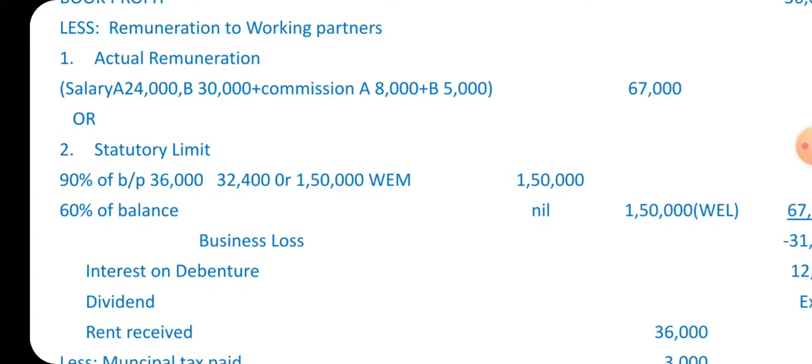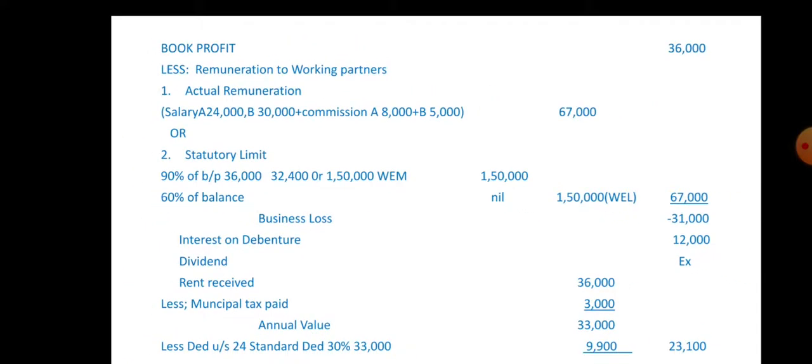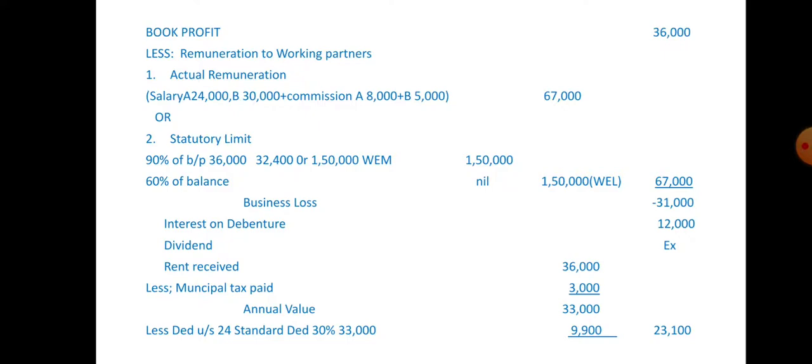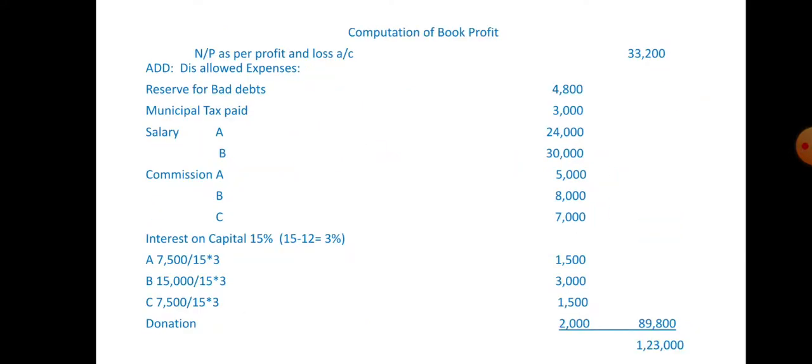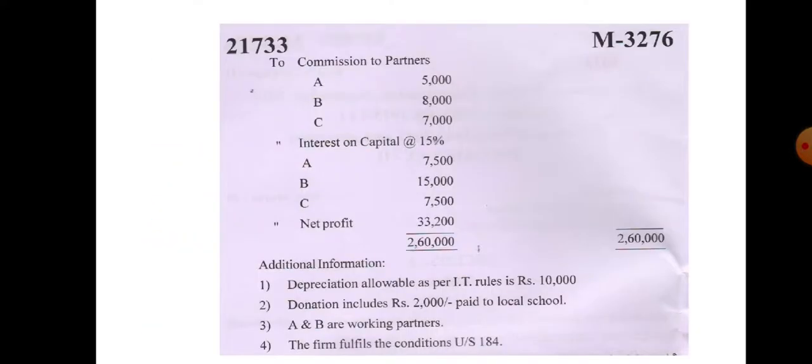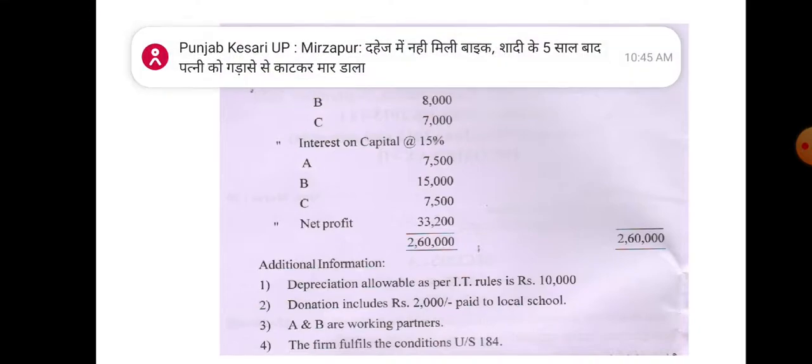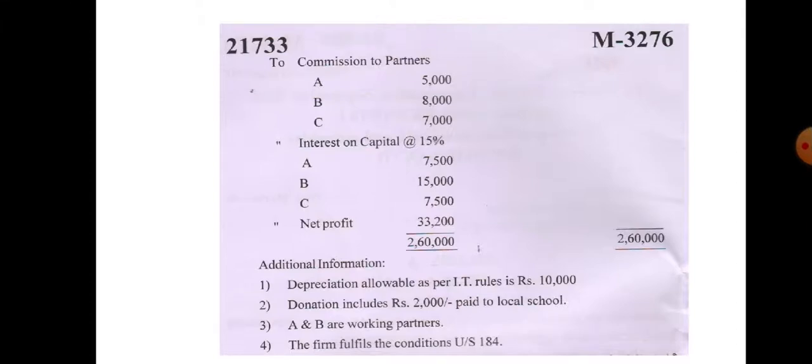In the adjustment, they have given that the working partners are A and B. So you take the salary, bonus, commission, etc. only for the working partners.